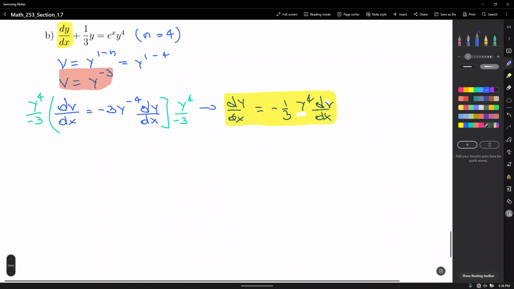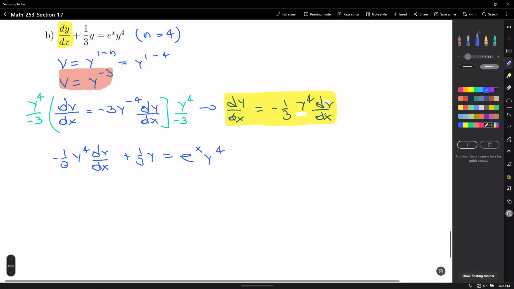So this will be negative 1/3 y to the 4th dv dx, and then plus 1/3 y equals e to the x y to the 4th.